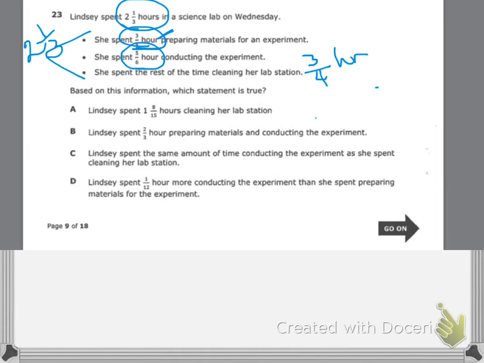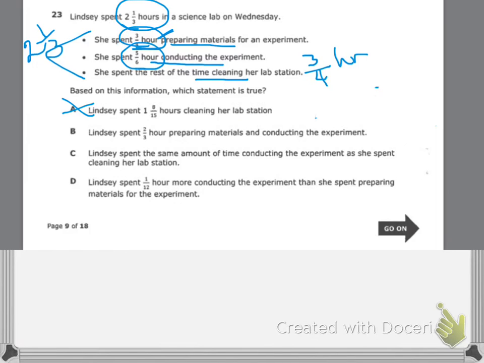So 3/4 of an hour is what she used preparing, 5/6 of an hour is what she spent conducting the experiment, and 3/4 of an hour is what she spent cleaning. So now let's look at the answer choices. It's asking you which one of these is true. Lindsay spent 1 8/15 hours cleaning her lab station. No, this is what she spent cleaning her lab station. So that is not true, is it?